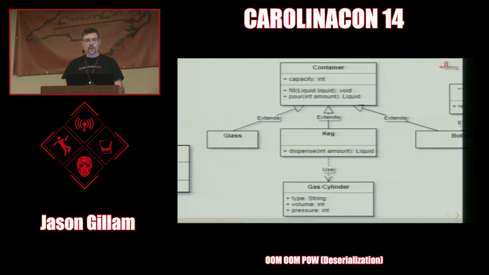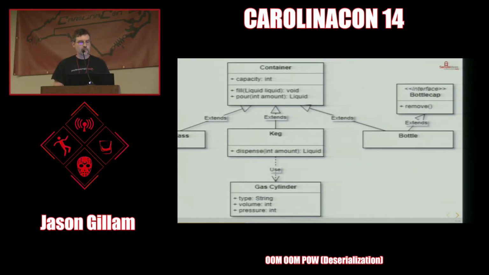Let's drill down a little bit more on what we mean by containers. At the top there, that Container is the same box I had before in the previous diagram. Now I'm saying that there are different types, or subclasses, of container. We have a Glass, which basically does everything a container can do in this case. We have a different type of container, which is a Keg.